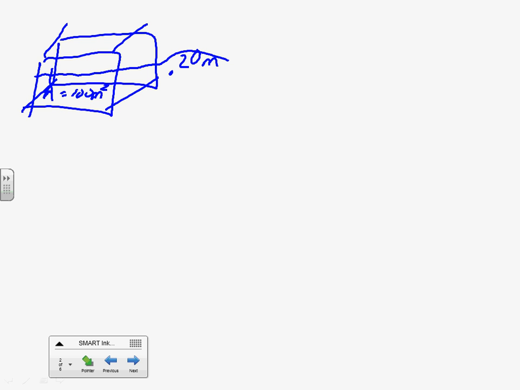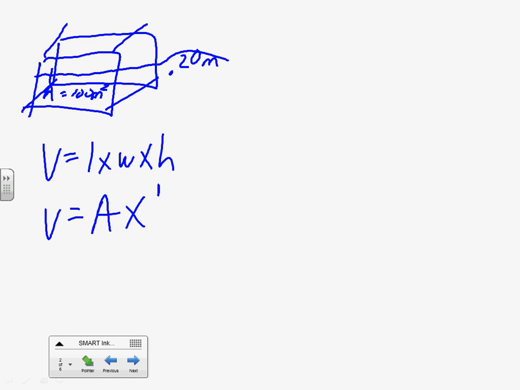Well, the volume's pretty easy. You should know that volume is length times width times height. Or another way of thinking about it, since this bottom is a rectangle, they found the area by going length times width. So another way to write volume would be area times height, area of the base times the height.